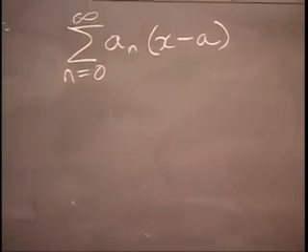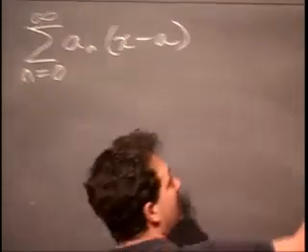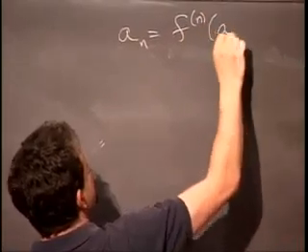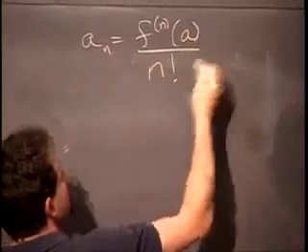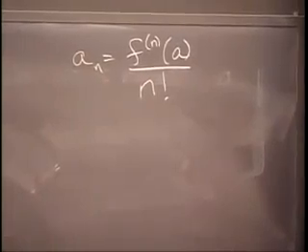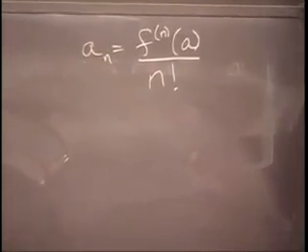Now, the sort of Taylor series we've been looking at are a special case where a_n is the nth derivative of some function f evaluated at a over n factorial.